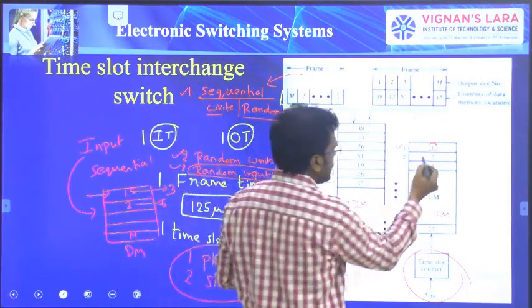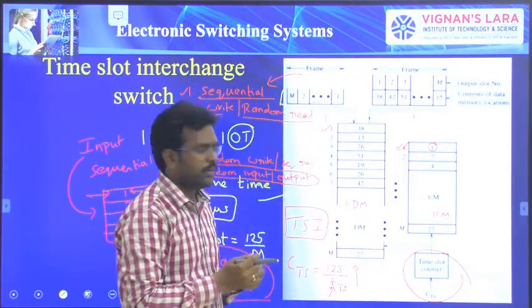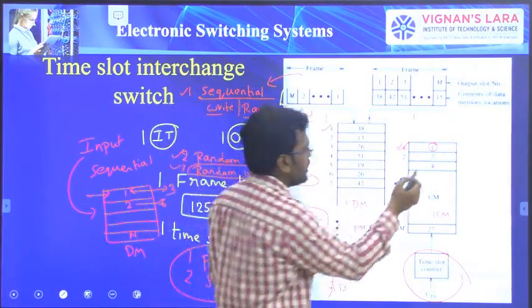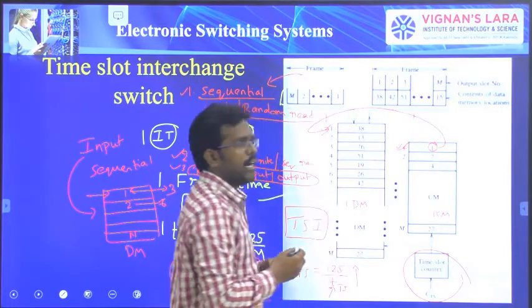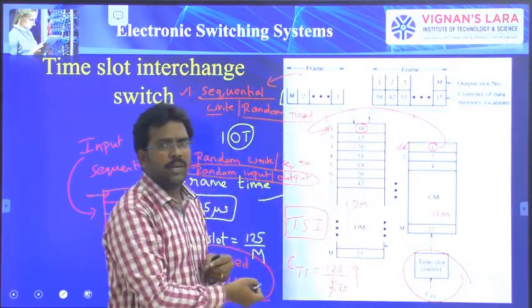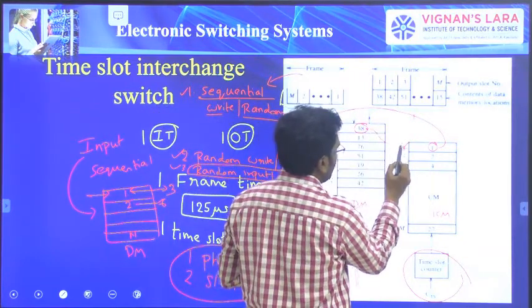For example, in this case, outlet 1, or location 1, contains 1. What it means? It indicates the address of the inlet. So in inlet one, it contains some data, 38. During this time interval, it is going to transmit this data 38 to the first outlet.